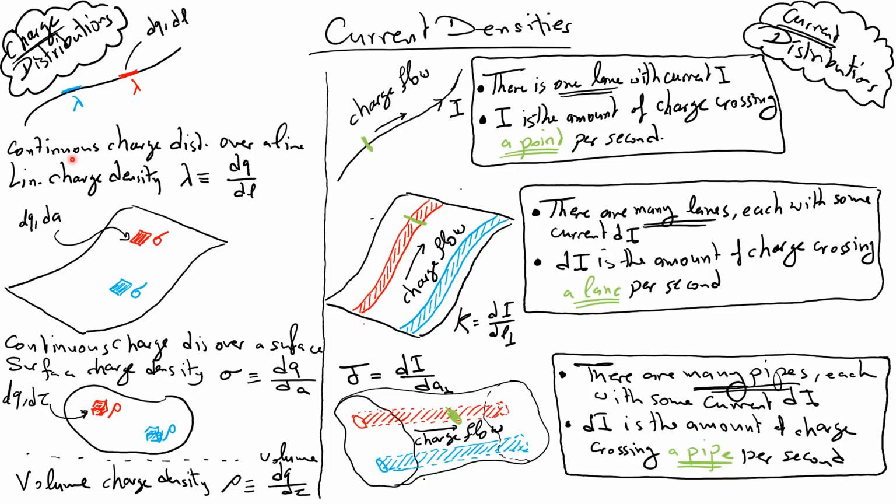In the case of continuous charge distribution in one dimension, what you do is divide this whole line into little distances, each of which is called dl. Within every dl, there's some amount of charge, we call it dq. In general, maybe the charge over this dl is denser than the charge over this dl.